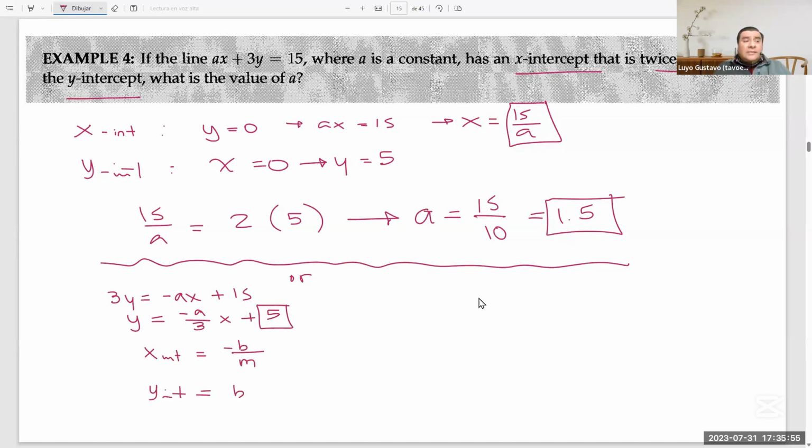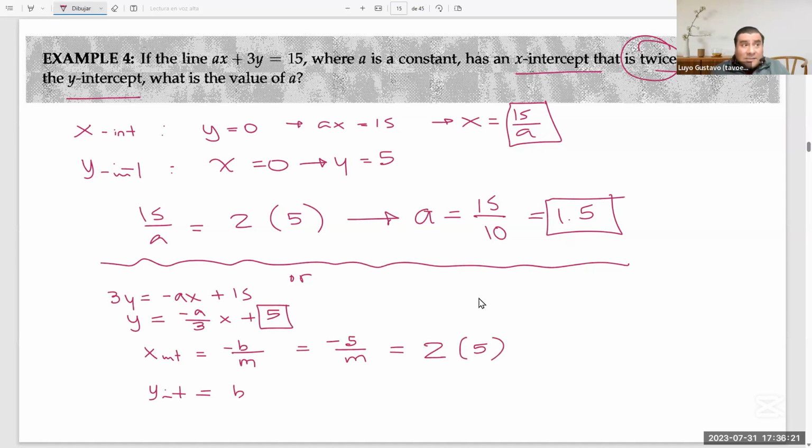So what is negative b over m? It would be negative 5 over m equals 2 times 5, twice, that is where the 2 comes from. So exactly the same thing, right? Sorry, m here would be negative a over 3. Let's just clarify this.